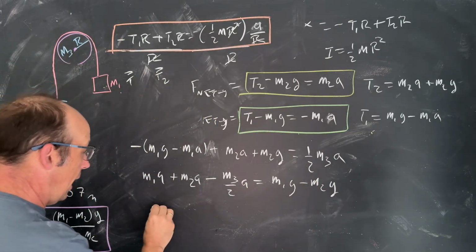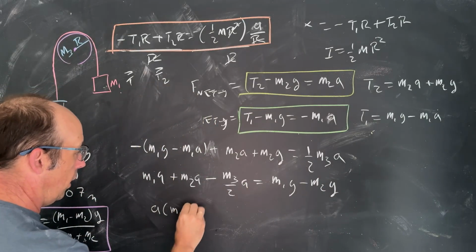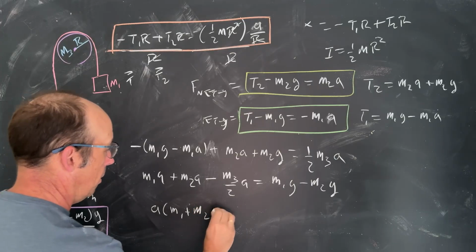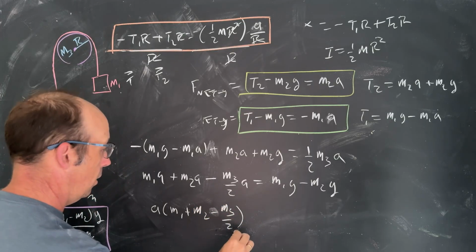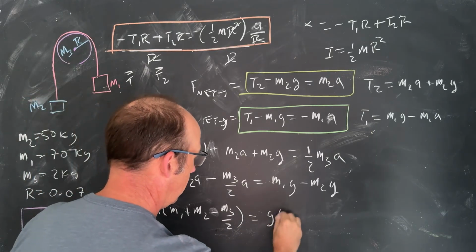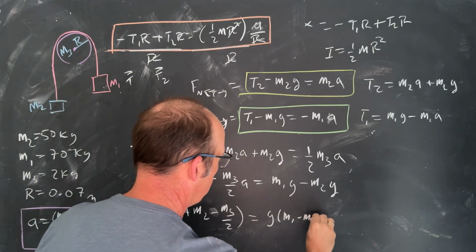Here I can factor out the A, M1 plus M2 minus M3 over 2 equals G, M1 minus M2.